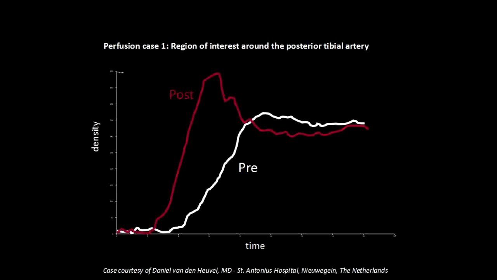So the blood arrives quicker at the region of interest, and also it peaks higher and with a larger area under the curve after the revascularization than before. Now, this might not be rocket science to you, since we're looking at a revascularized area, so it makes sense that there is more blood going towards this area. However, it does give you maybe some sense of what is going on with the redistribution in this foot.